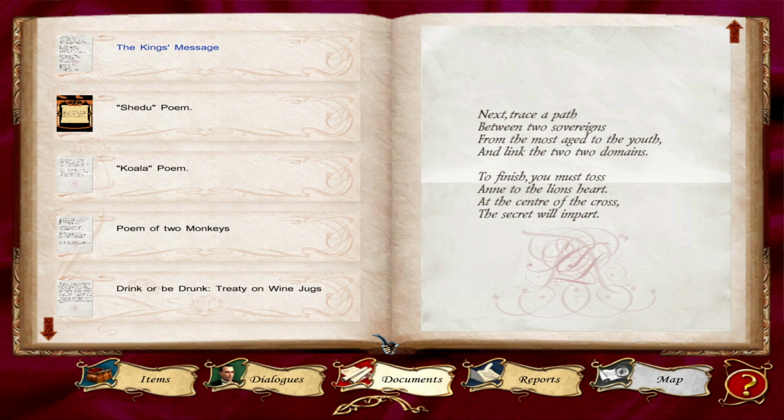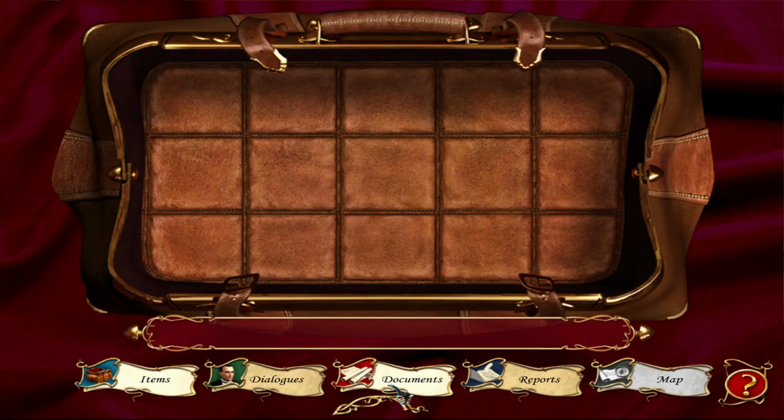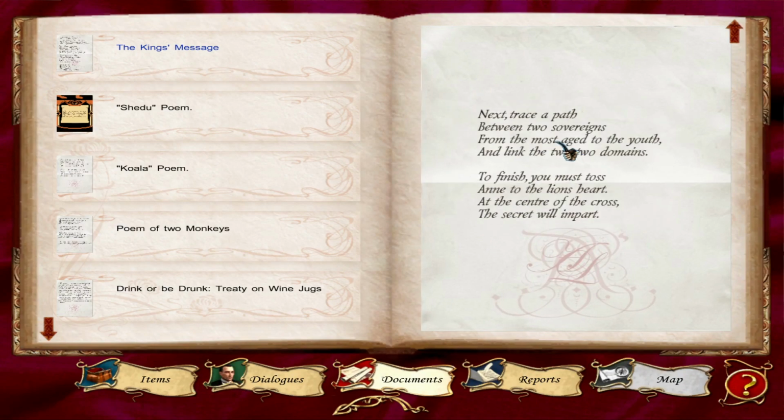Oh, geez, this is a long line. I feel like you have a huge advantage if you know this. Let's see, what does this say?